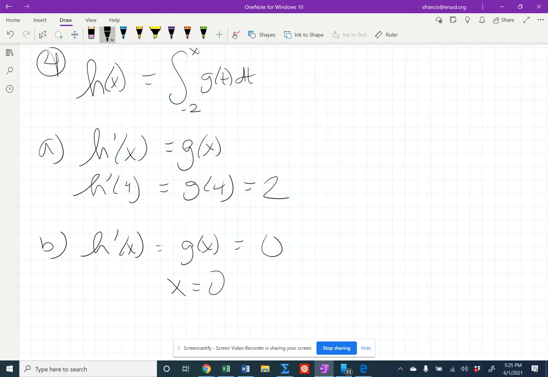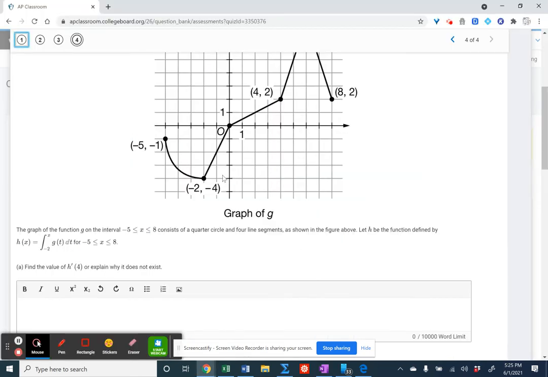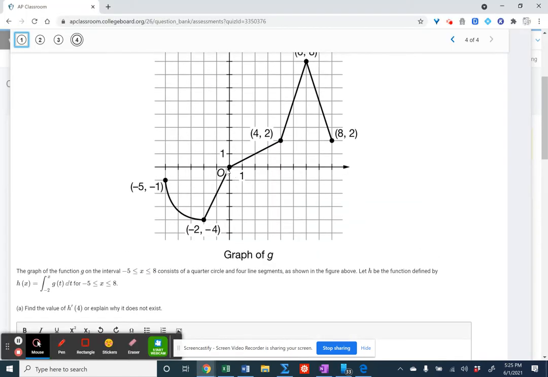Now, there's a couple different ways of arguing this. There's only one critical number in this interval, and the graph of h is decreasing before 0 because h prime is negative, and then increasing after. So the graph of h is always decreasing for x less than 0, always increasing for x greater than 0.